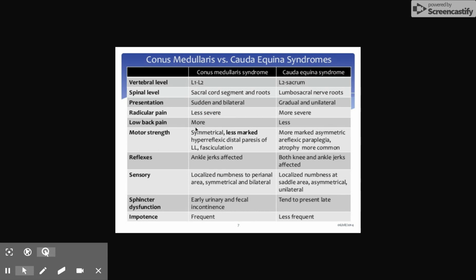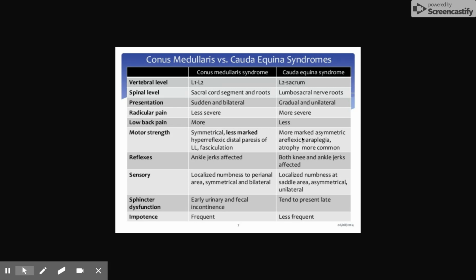So now, motor strength. How is the motor strength? Again, as I said, the difference between cauda equina and conus medullaris is unilateral or bilateral. In conus medullaris, it is bilateral and symmetric. Both sides will have similar symmetry in the weakness or motor problem.